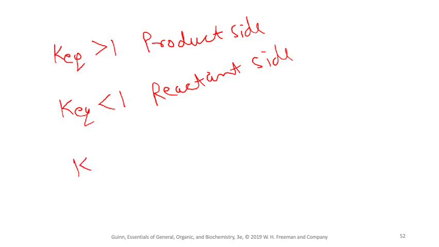But what's going to happen if KQ is equal to exactly 1? That means the reaction is in equilibrium. You can say just equilibrium.